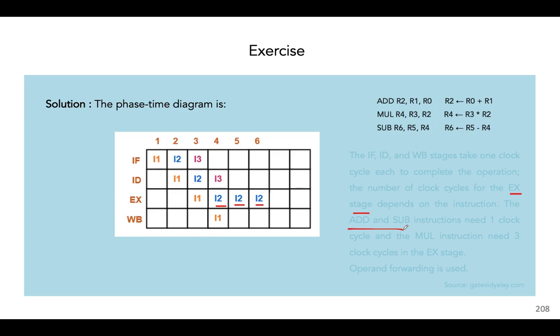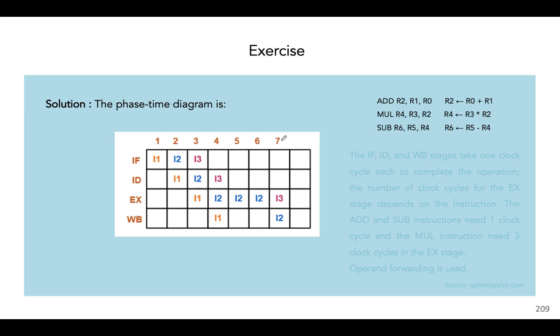For add and subtract instructions, the EX stage requires 1 clock cycle. So EX required 1 clock cycle for addition. It will require 1 clock cycle for subtraction when the turn for subtraction comes. But right now we are talking about multiplication, and multiplication requires 3 clock cycles for the EX stage. So in clock cycles 4, 5, and 6, I2 is still in its execution stage.